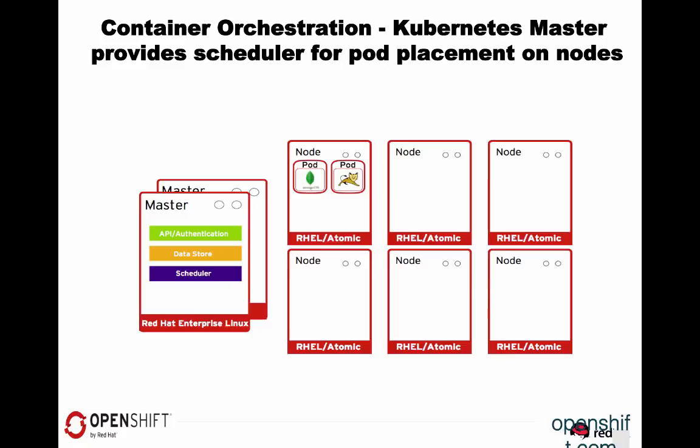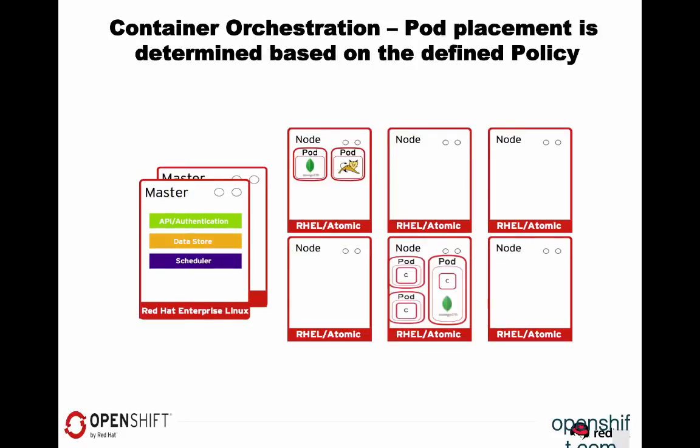The next question is, how do these pods get placed on the nodes? Where do they run, right? Your application may be made up of X number of pods, but are these pods running together on one box? Are they distributed on different boxes? That is handled by the OpenShift master. And this master provides a scheduler, and the scheduler decides where the pods are placed. So your pods are placed on the OpenShift cluster on the nodes based on the policies that you can define in advance.